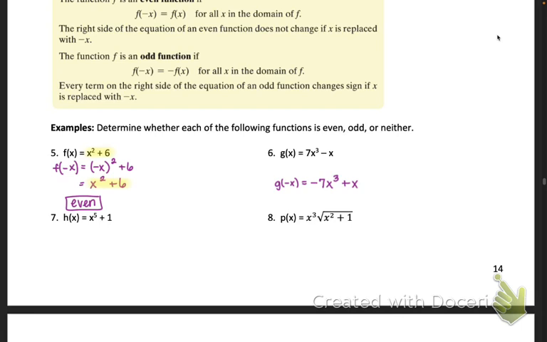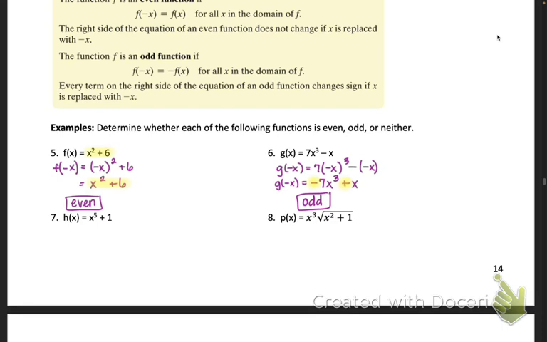G of negative x is going to be 7 times negative x cubed minus negative x. The parentheses are really important, but that's how we get to negative 7x cubed plus x. If we look at what happened, I had positive 7, now I have negative 7. I had negative x, now I have positive x. So every single sign switched, that makes this function odd.